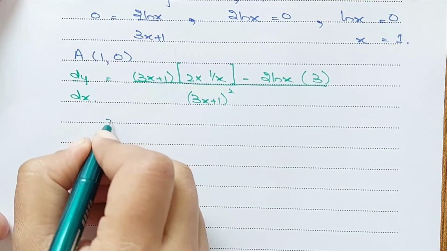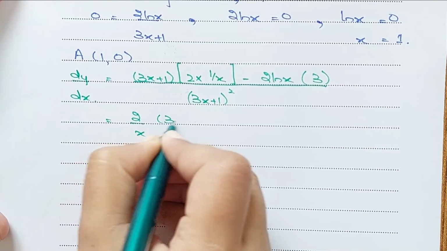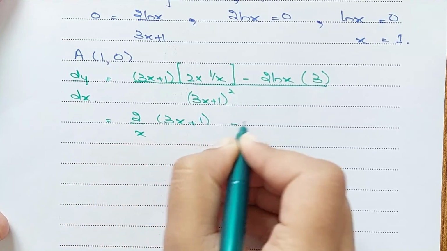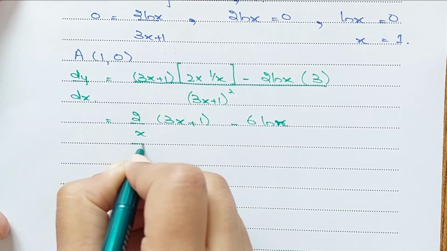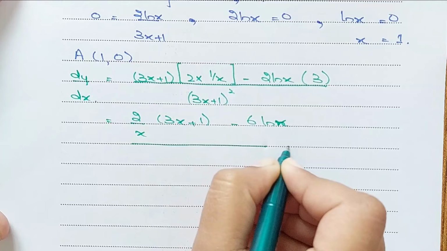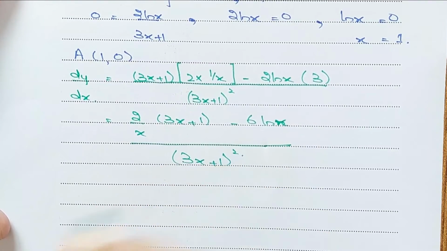Right. Further simplification, we have (2 over x times (3x + 1) minus 6 ln x) over (3x + 1) whole squared.